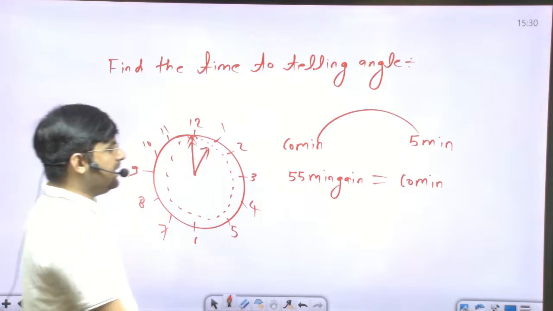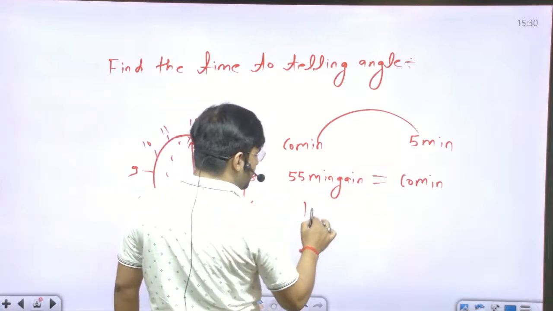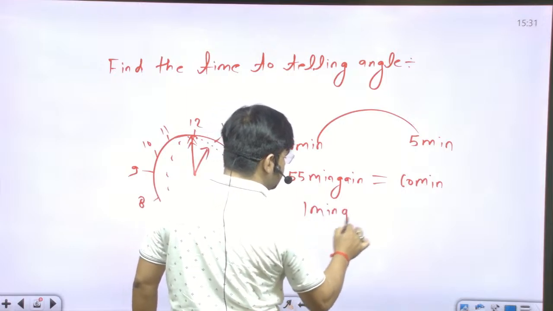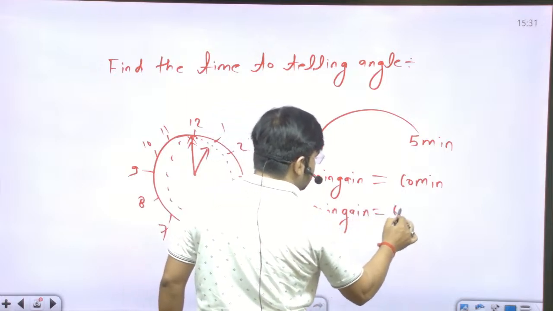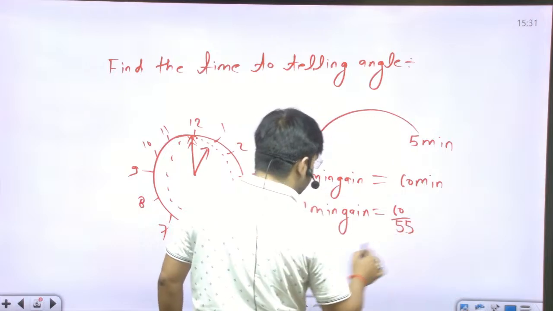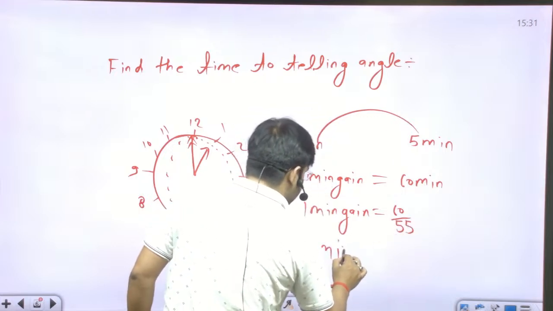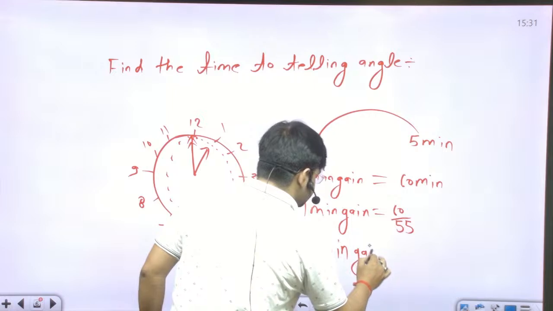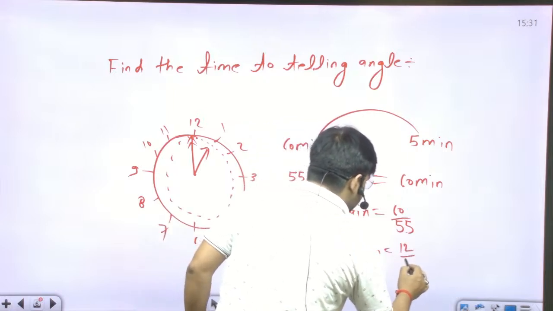Clear? 55 minutes gain in 60 minutes, so 1 minute gain equals 60 upon 55, which is 12 upon 11.